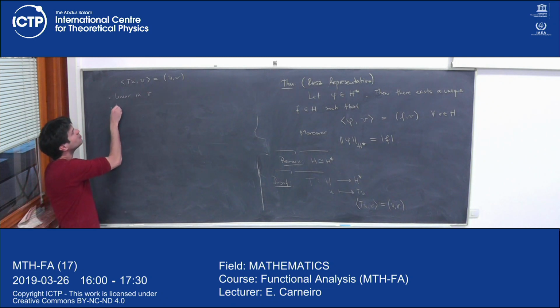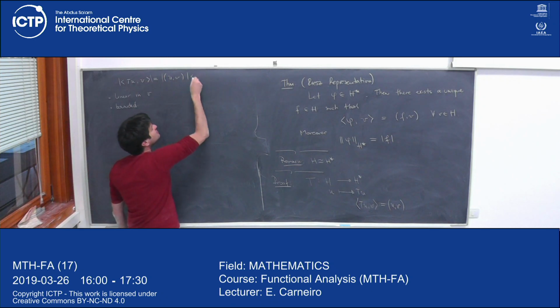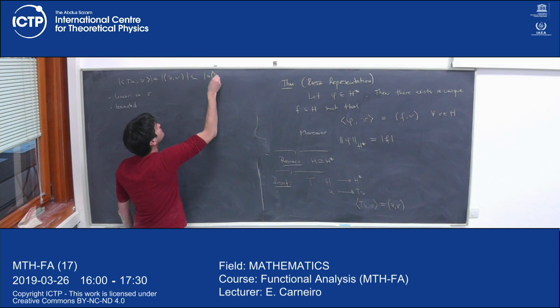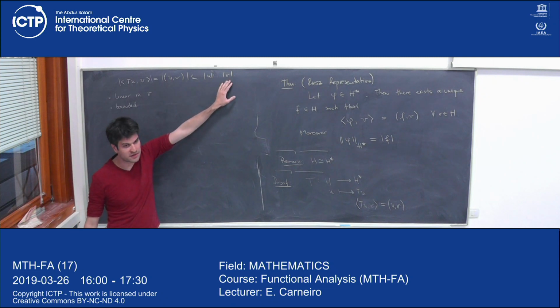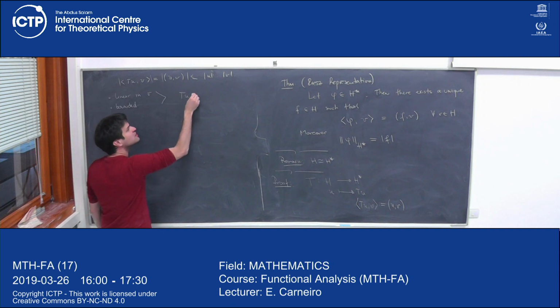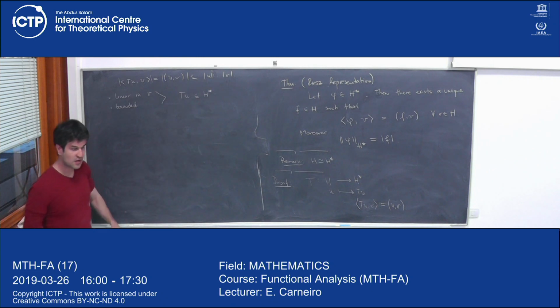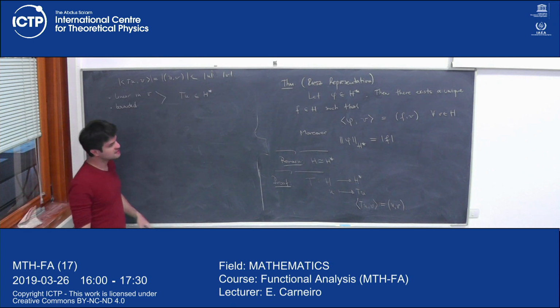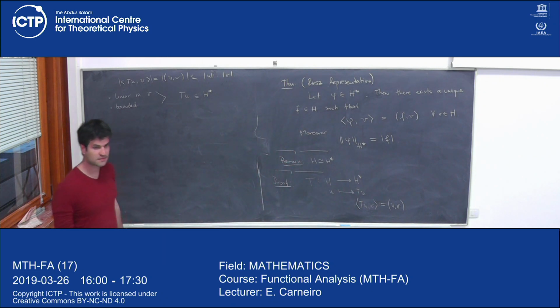And it's actually bounded, because you have that this is less than this number times the norm of v. So this implies that Tu in fact belongs to H star. Okay, Tu defined like this actually belongs to H star. It's an element in the dual.